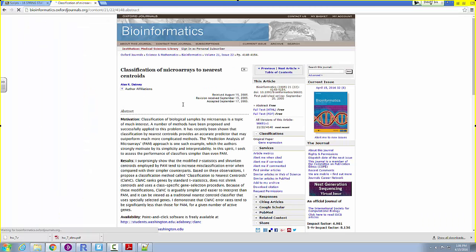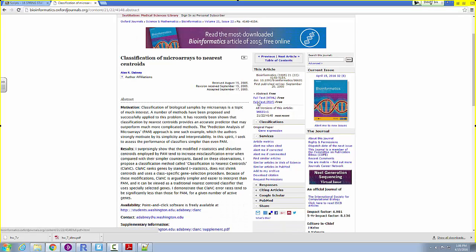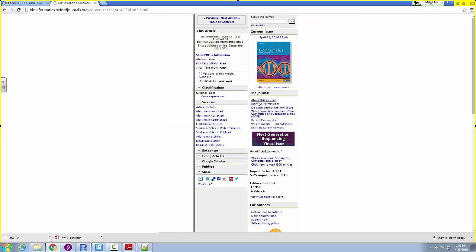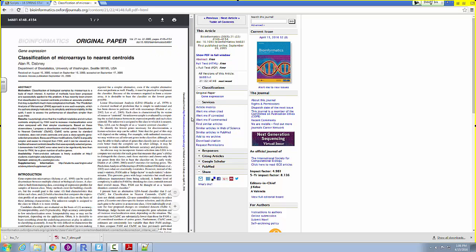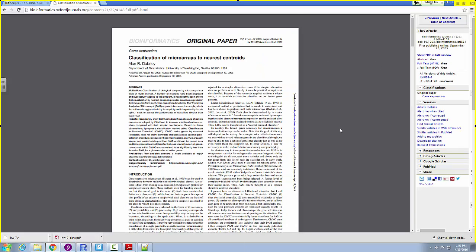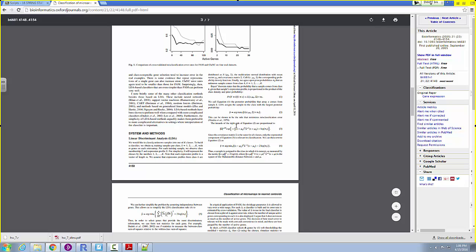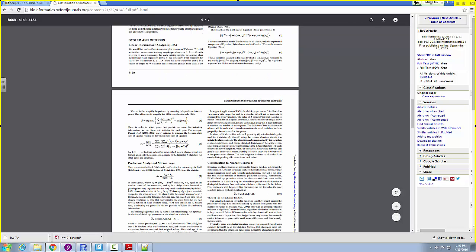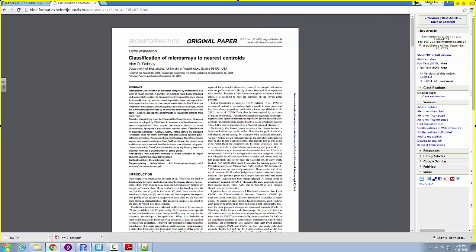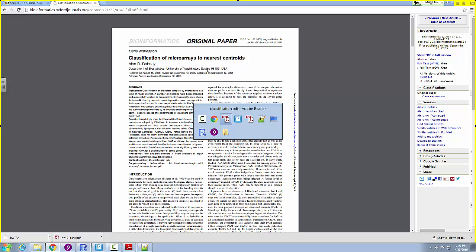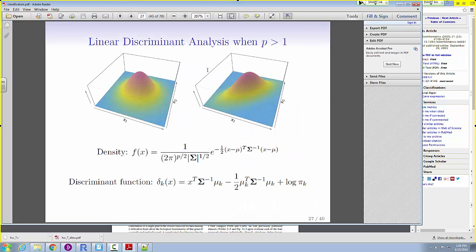It's a classification algorithm for omics data, and it's basically linear discriminant analysis with some bells and whistles. So here's multivariate normal stuff. Here's Bayes' rule, and so on. So have a look if you're interested. Classification analysis, or classification of microarrays near centroids, 2005. Okay.